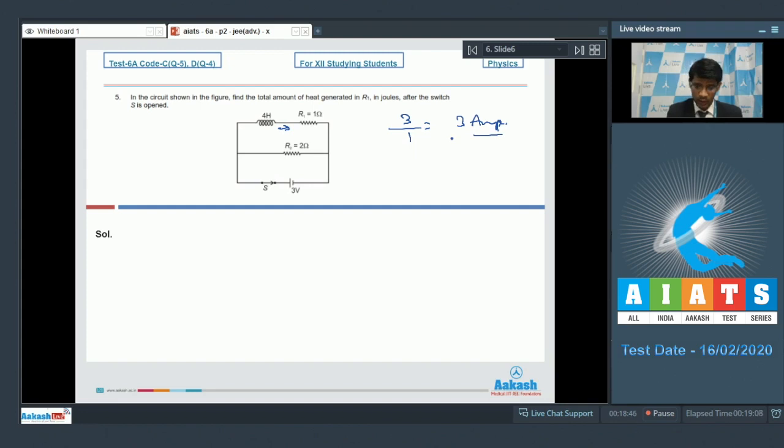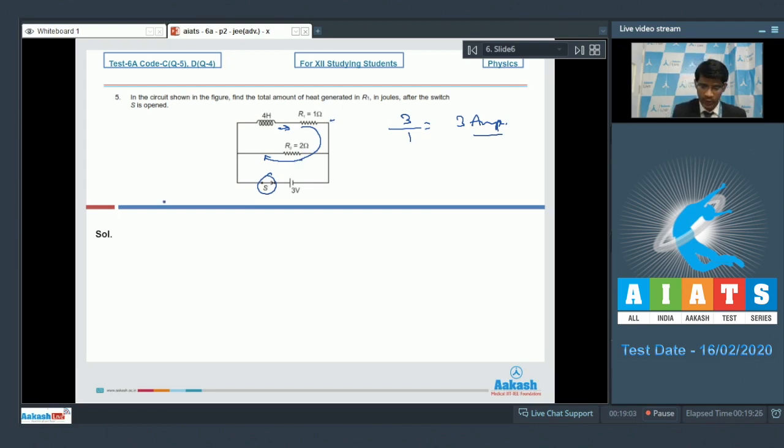And once the switch is open, this inductor will try to drive the current along this direction, and the total amount of energy that was there in the inductor will appear as thermal dissipation across these two resistances.